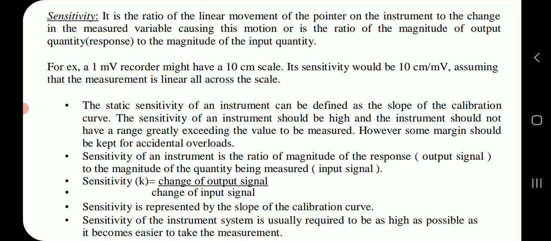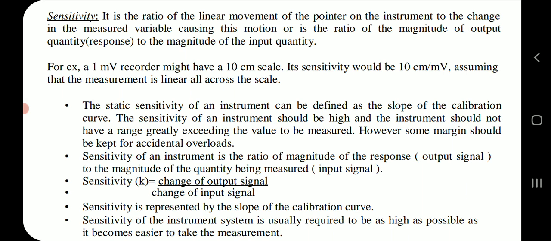The sensitivity of an instrument should be high and the instrument should not have a range greatly exceeding the value to be measured. However, some margin should be kept for accidental overloads. Sensitivity of an instrument is the ratio of the magnitude of the response output signal to the magnitude of the quantity being measured, the input signal.